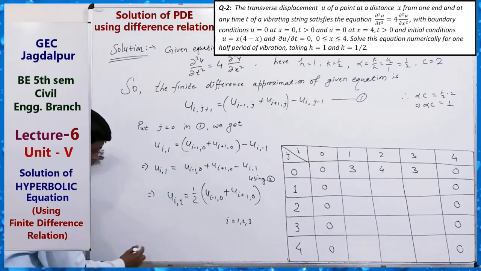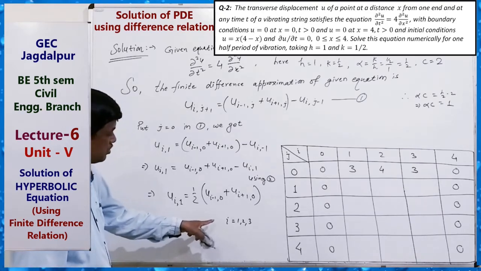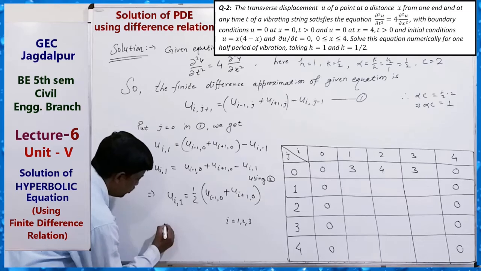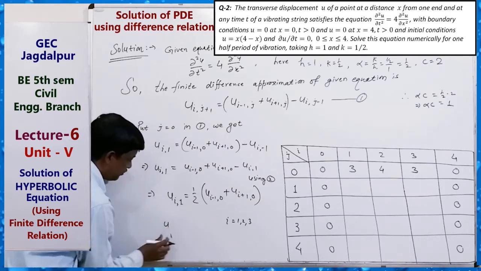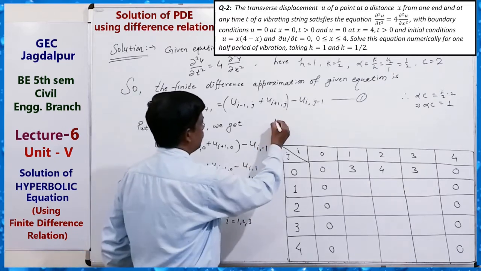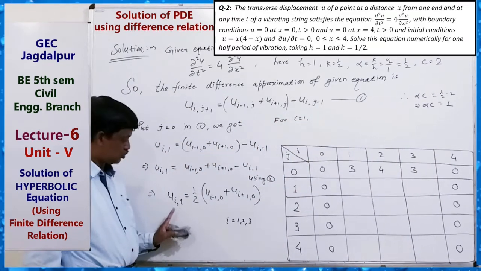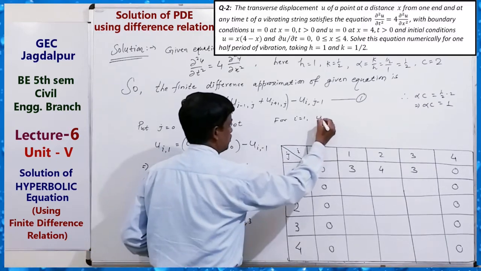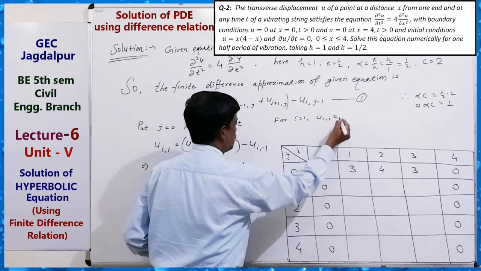Here i equals 1, suppose. So for i equals 1, u(1,1) equals what?